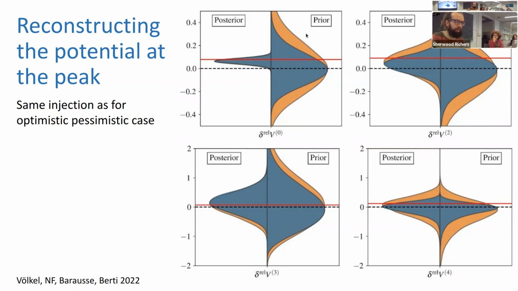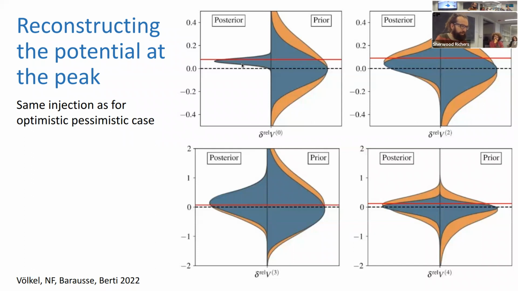So you can really compare that for V0 and V2, there is some gain in information from the prior to the posterior. Whereas for V3 and V4, with the assumptions that we took for this case, we don't really gain much. But at least you can see that the red line corresponds to the injected value.